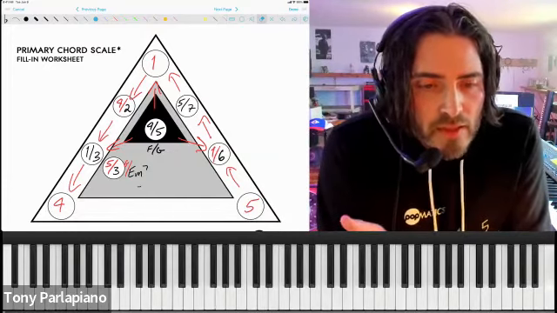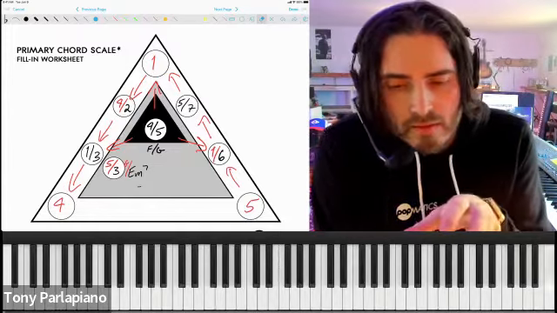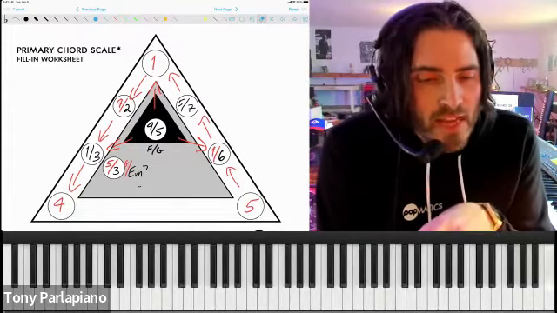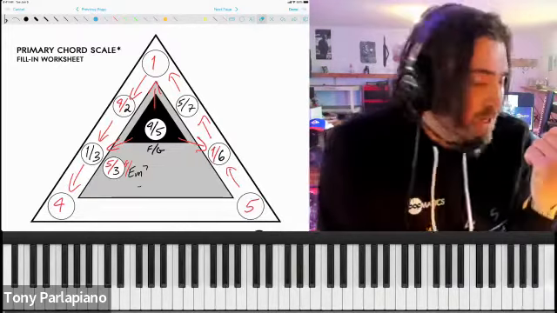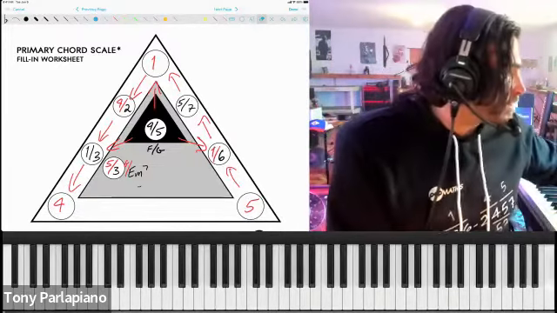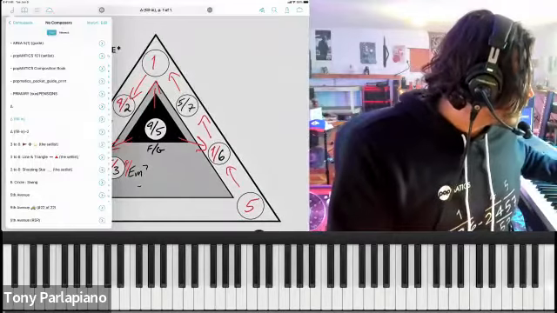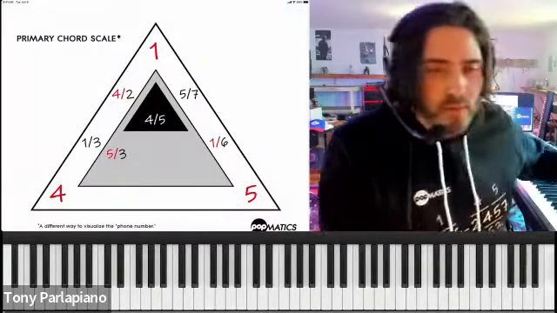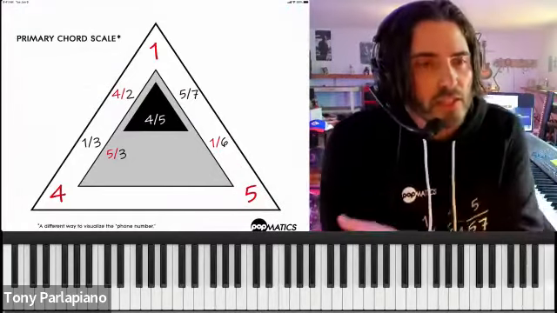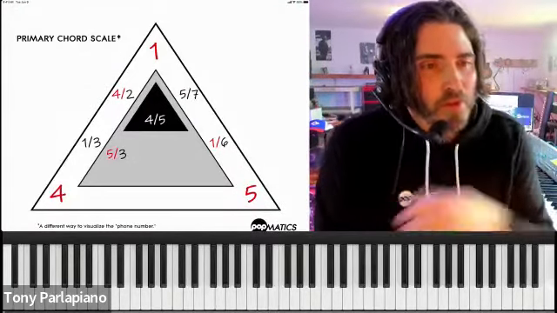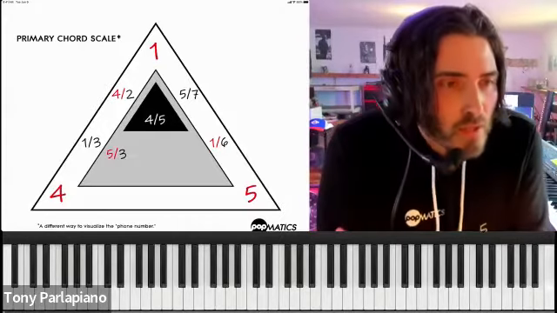Okay. But I will say that the book is not comprehensive. I wouldn't recommend buying the book. If anybody would like a copy of these charts, and I have the completed version too, where the numbers are there. That was the fill-in worksheet where I like to reveal it one step at a time rather than putting all the information out there all at once.